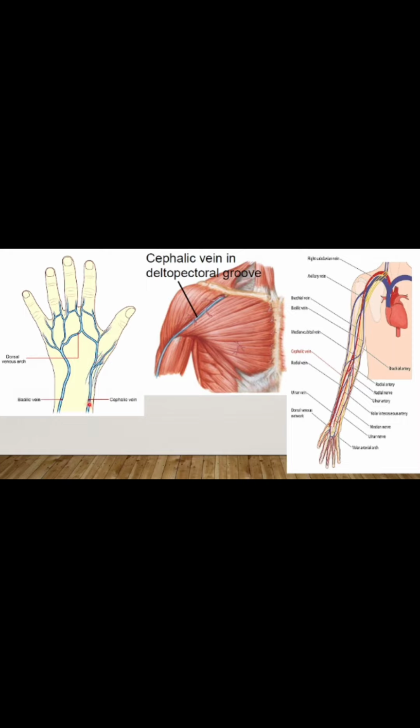So after it ascends up, it is present in the delta pectoral groove, and then at this triangle, the vein takes a sharp turn backwards and it pierces the clavipectoral fascia, where it enters the axilla and terminates in the axillary vein. So that is the fate of the cephalic vein.